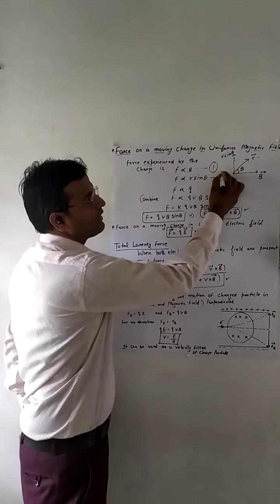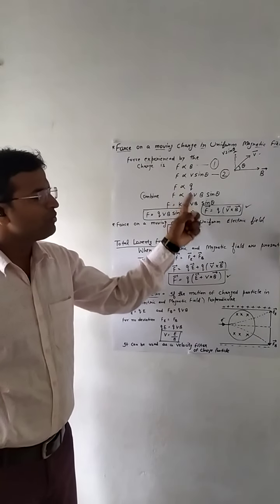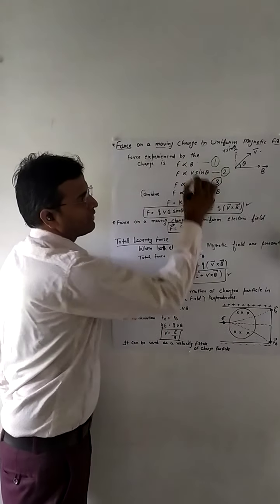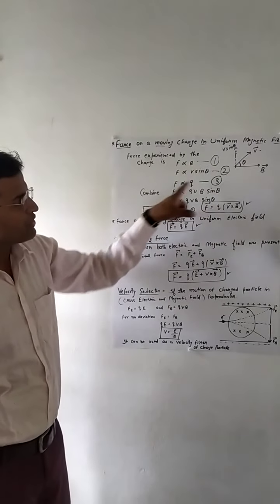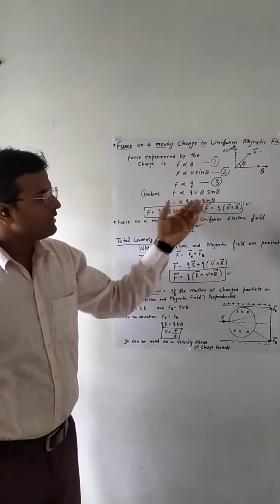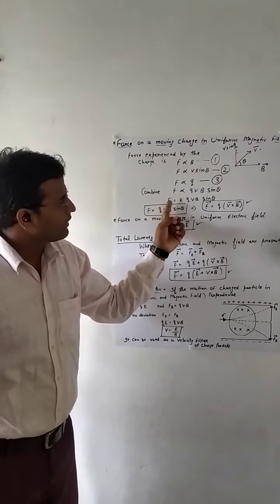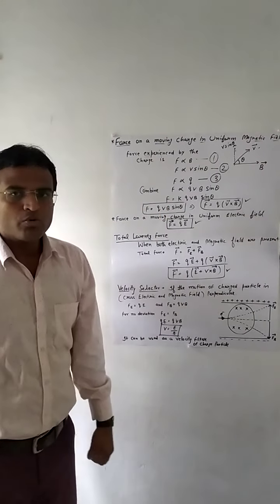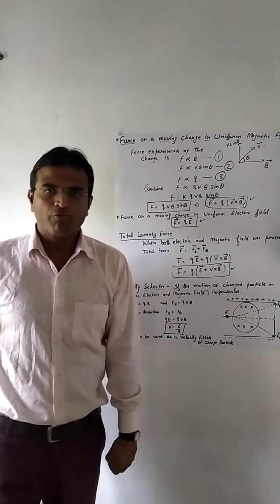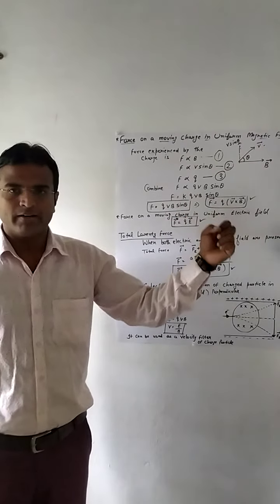Third, force is directly proportional to the magnitude of charge. Combining all three, F is directly proportional to QVB sin theta. To remove the proportional sign, take equal, where K is the constant of proportionality, so F equals K QVB sin theta.